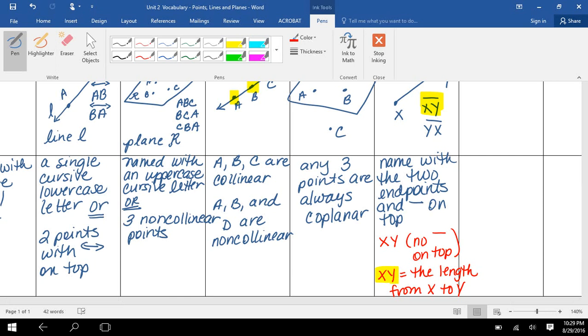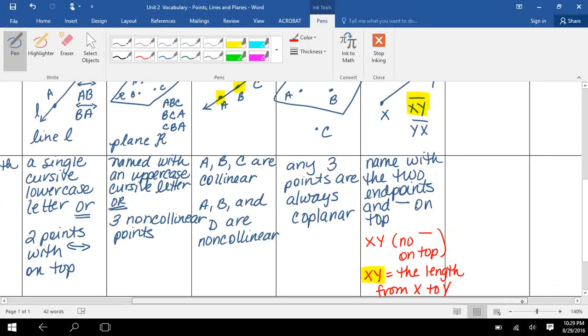So when you see no line on top, you know that you're supposed to give me a number, a measurement, and that's something we're going to go into tomorrow.